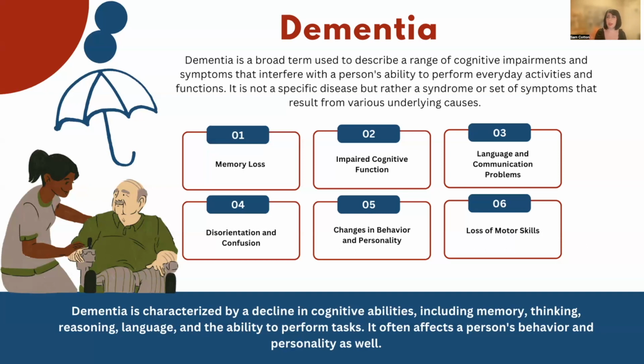We often see that they have impaired cognitive function, meaning that reasoning and logic is impaired, as is dealing with complex situations or issues related to being able to do things in their day-to-day life, like balancing a checkbook or managing the financial aspects of their life.